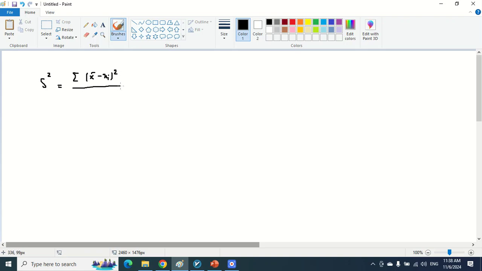Now let us expand this one using the Newton formula. It's going to be the summation of the first one squared, x bar squared, then the second one squared, the xi squared, and minus 2 times the first one times the second one.